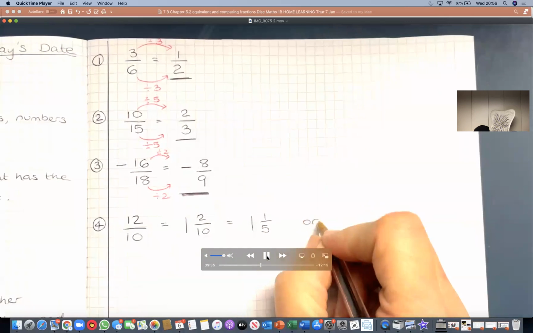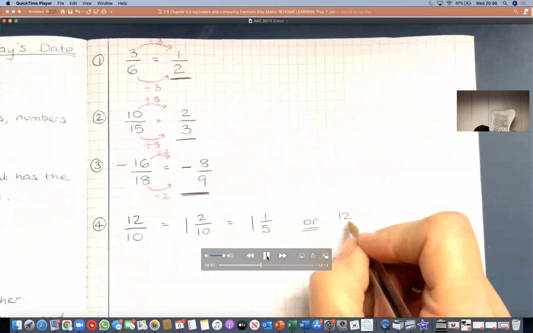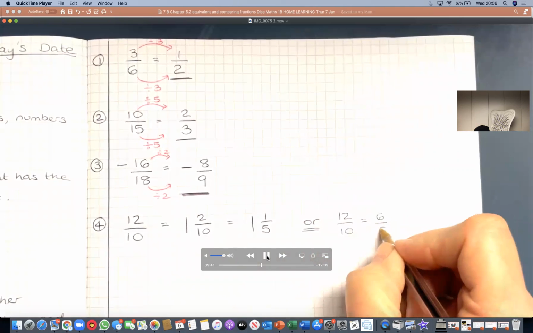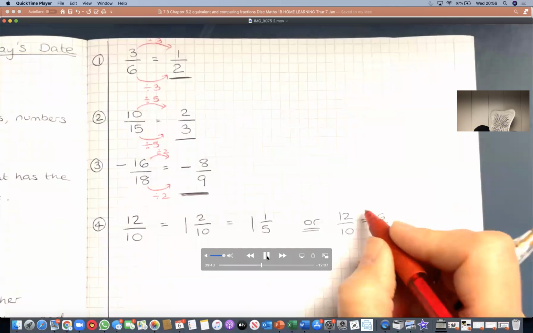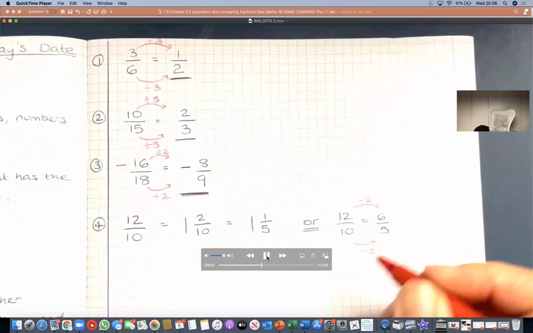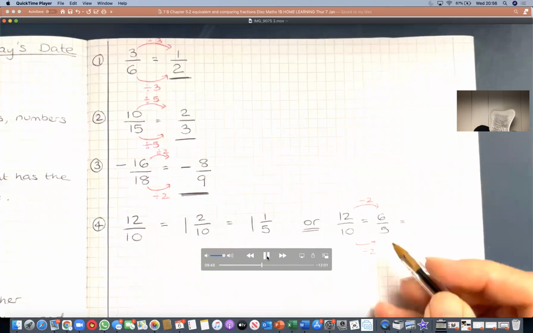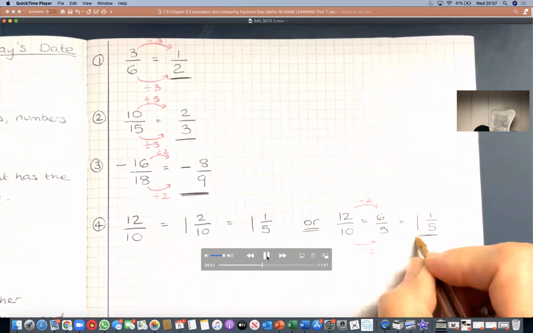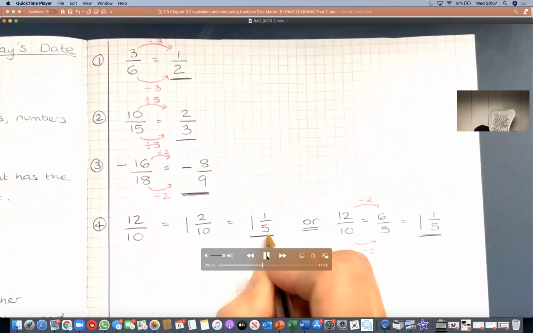Alternatively, I could have simplified it first. 12 over 10, I can simplify to 6 over 5 because they are both even numbers, so I can divide by 2. And then 5 goes into 6 once, remainder 1, which leaves me with 1 1/5.